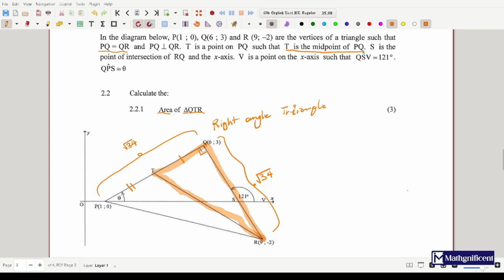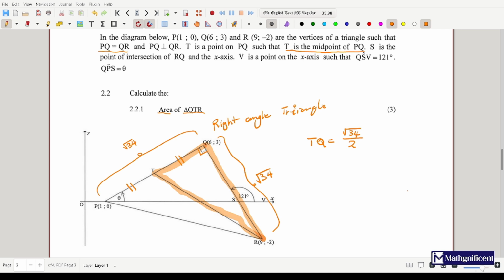They have the same length, and T is a midpoint. How can we get the length of TQ, since that's what we are interested in? Since T is a midpoint, and we know the total length of PQ, we can say that TQ is equal to the square root of 34 divided by 2. So this is what we have.